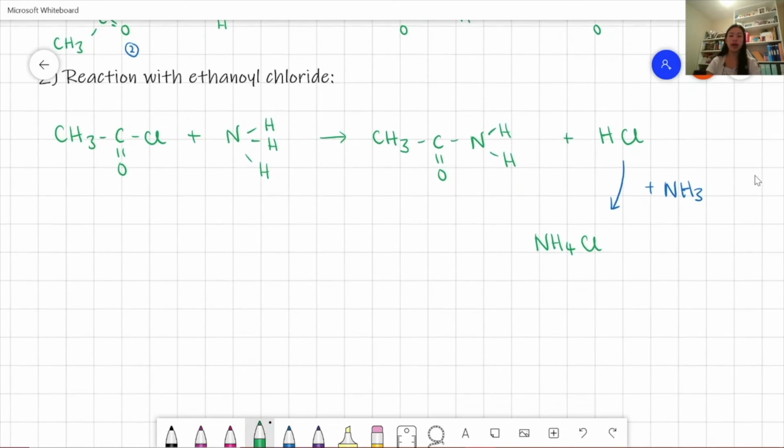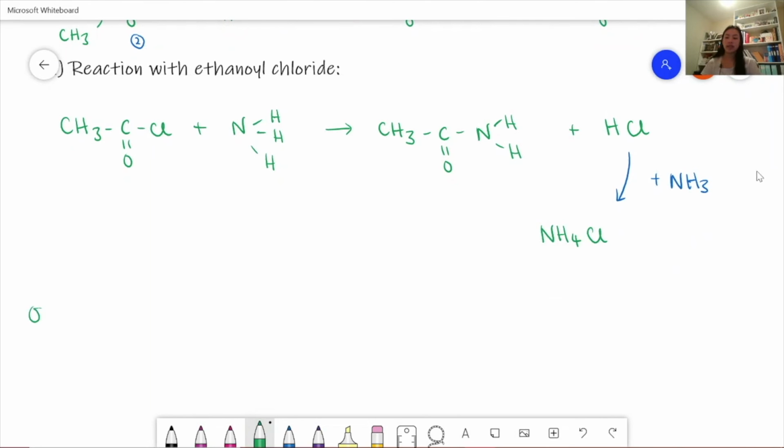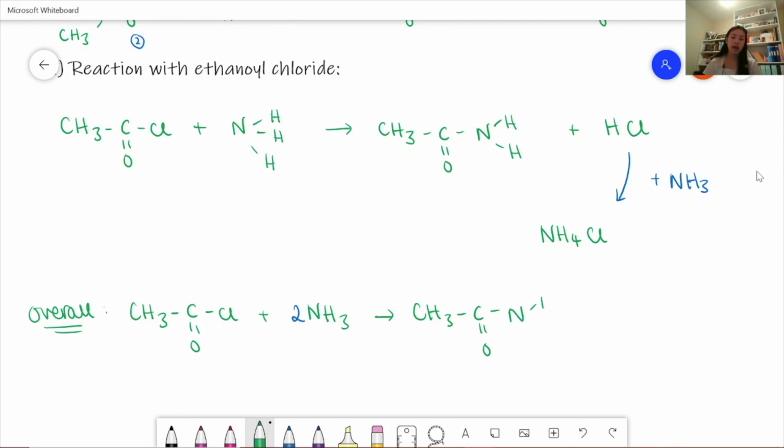So overall what we have is CH3 C double bond O Cl plus 2 moles of NH3 to form CH3 C double bond O NH2 and NH4Cl. And this is our ethanamide.